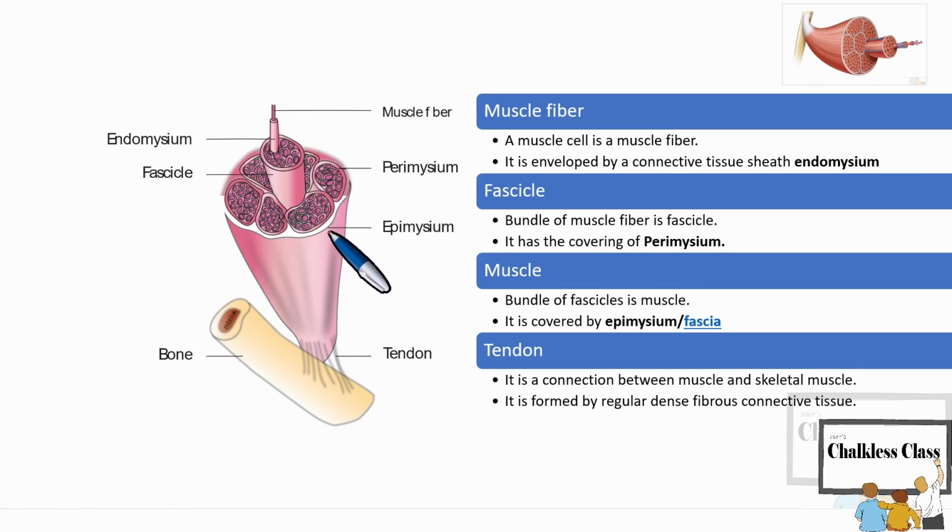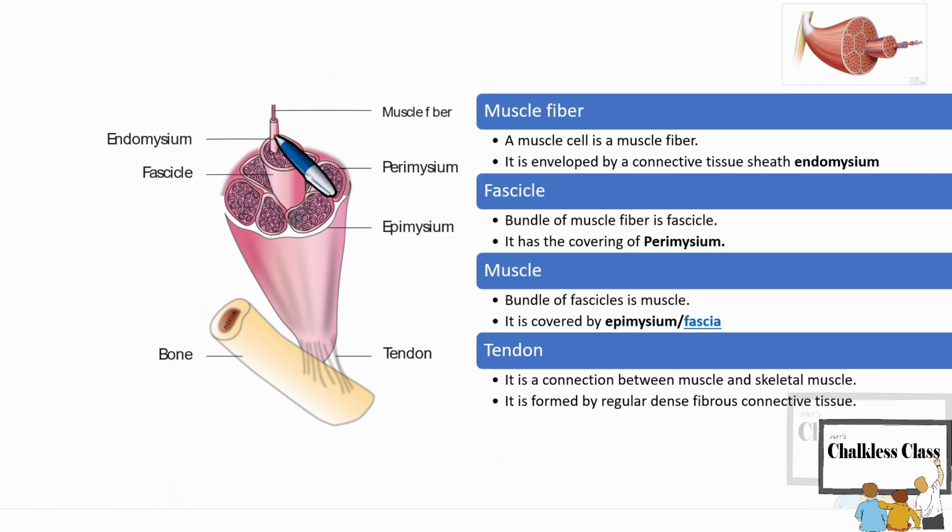This epimysium surrounds some bundles called fascicles. A fascicle is a bundle of muscle fibers. A fascicle is covered by perimysium. And inside the fascicle, many muscle fibers are arranged.